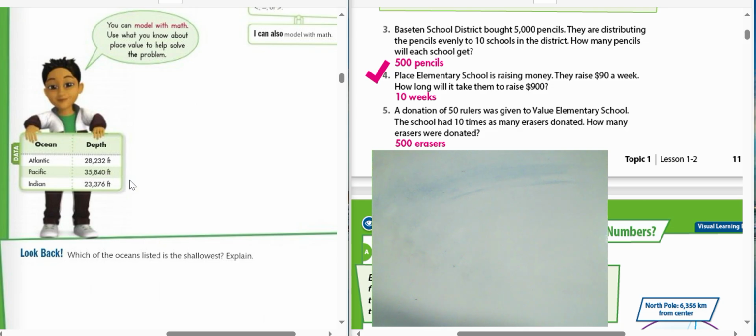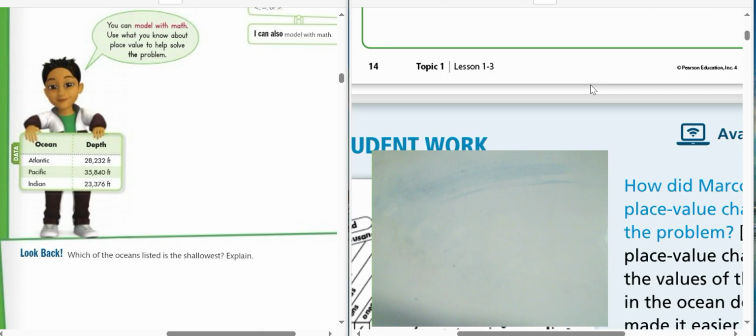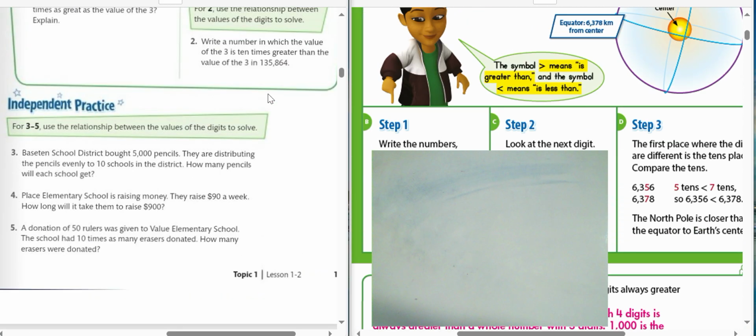We have the depths under the sea. Okay, here we can write which ocean is the shallowest. The shallowest here will be the Indian Ocean, because 23,326 is less than 35,000 and less than 26,000. Then we must write the ocean. Okay, he asked about the smallest number here. The deepest will be what? This example. Okay, understood?